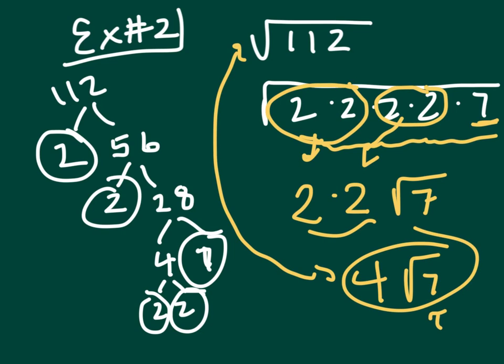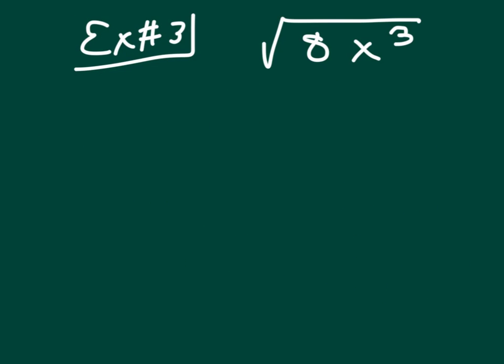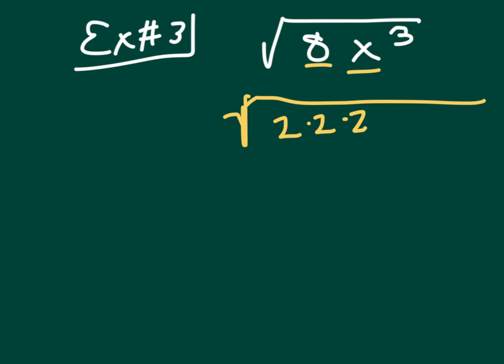Last question. Well, what happens when we have variables? Well, variables are done the exact same way. I would encourage you to remember the breakdown of 8, because 8 is a very popular number. So 8 I know is 2 times 2 times 2. I would encourage you just to kind of memorize that one. If you really wanted to, you could go 4 times 2 and 2 times 2.